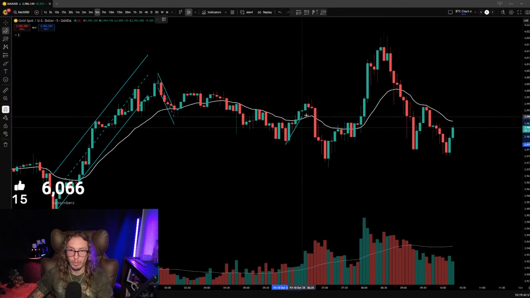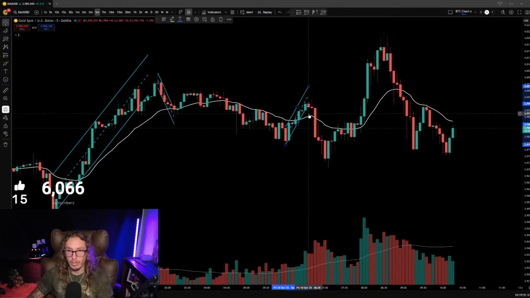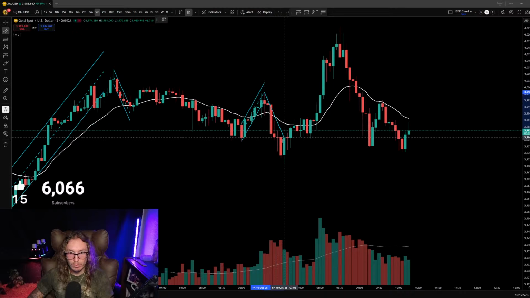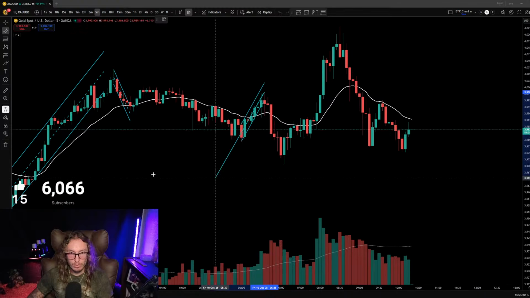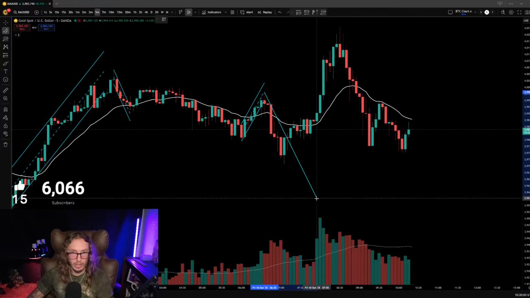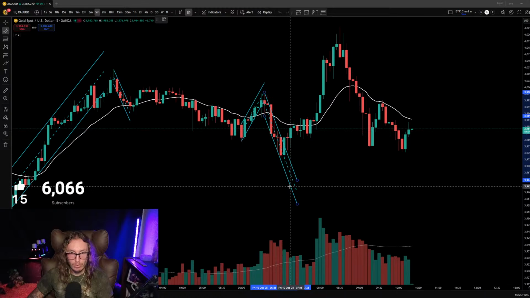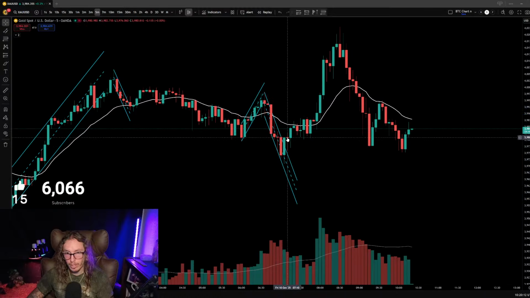Next example, close outside, new high. Let me turn off this magnet. It's being annoying. Close outside, new low.